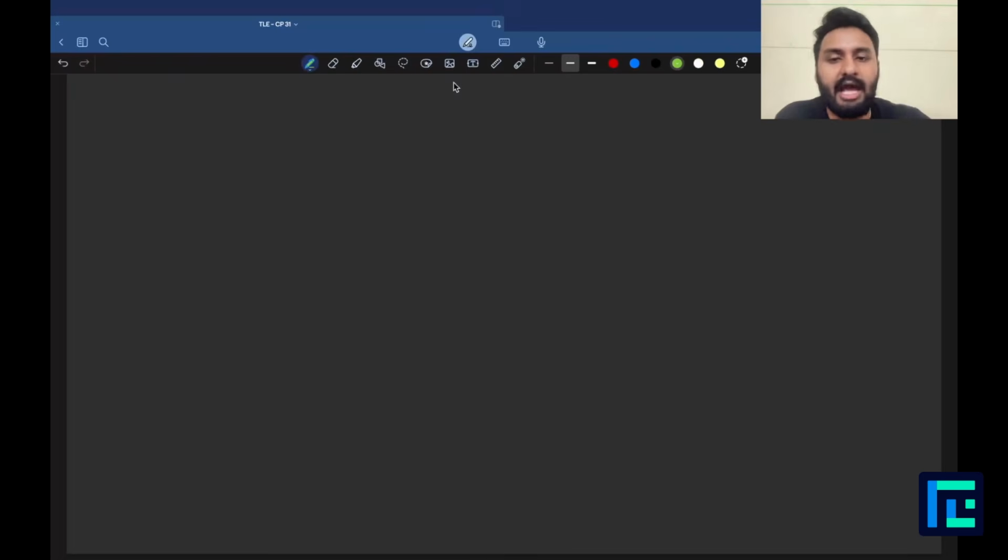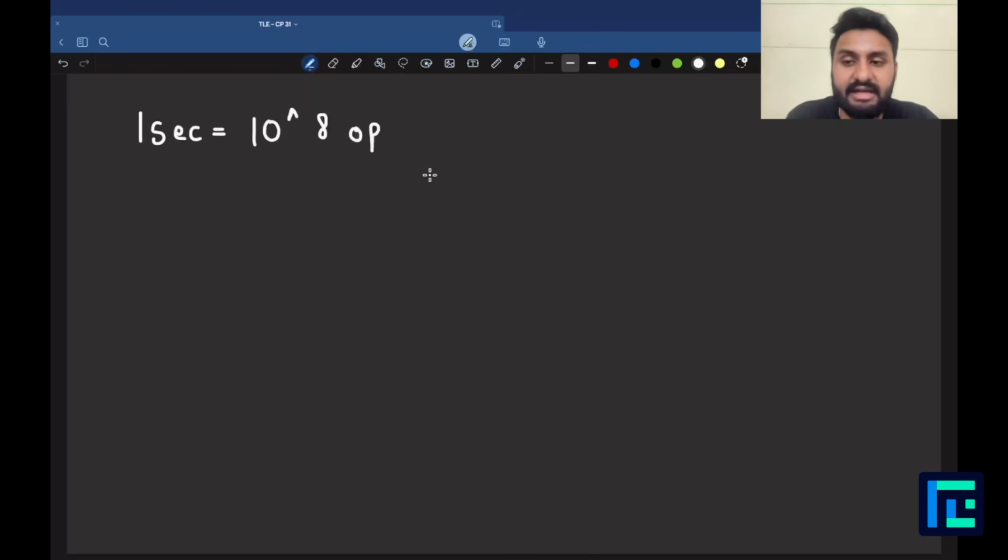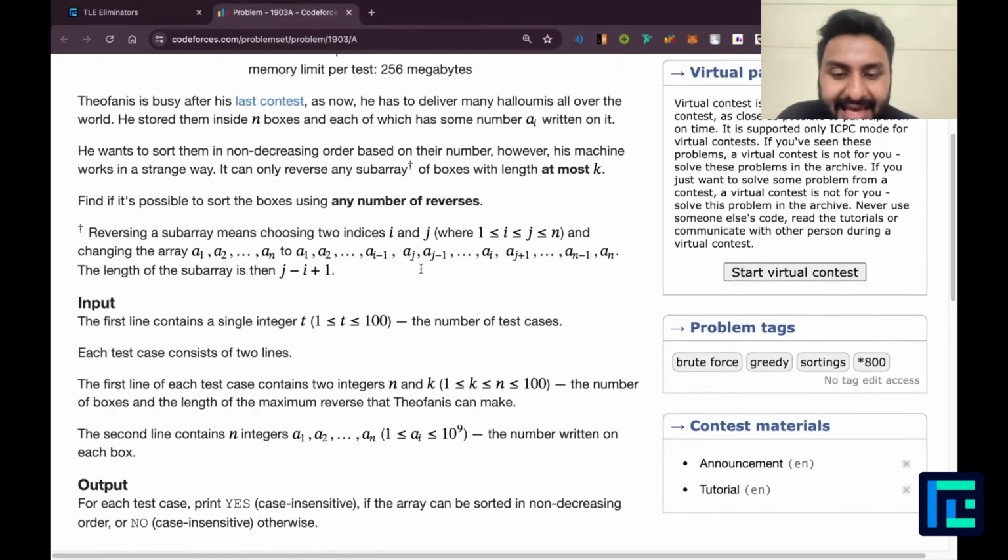What does this mean? I know that 1 second gives me the power to hold a total of 10^8 operations, correct? And if I have been given 100 test cases, that means for each test case, on an upper bound of course, I have somewhere around 10^6 operations available. Now let's look at the n and k given to me.